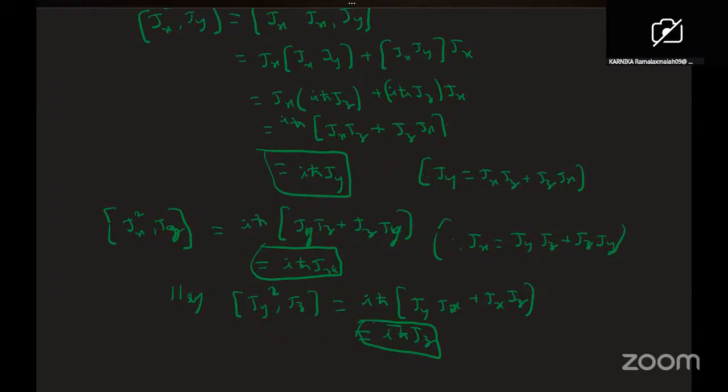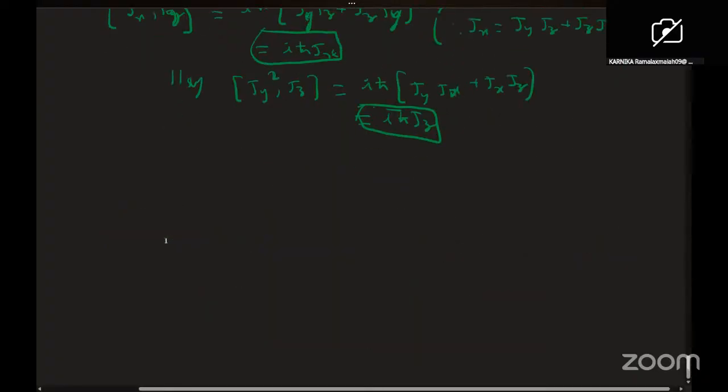Next one is eigenvalue of J square and Jz value. Simplify that, that is the long question, the ten marks question. We will see that. Next, eigenvalues of Jx and Jy, and eigenvalues of J plus and J minus. So this is a very important question here.